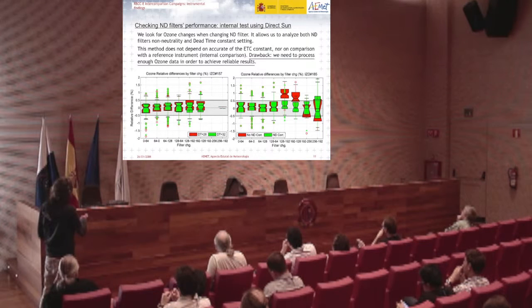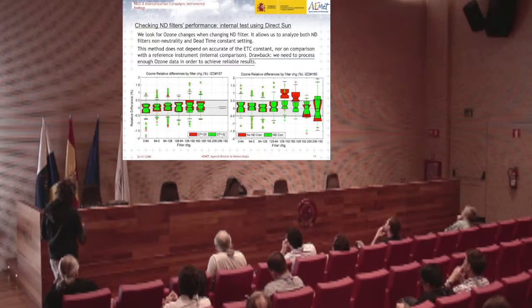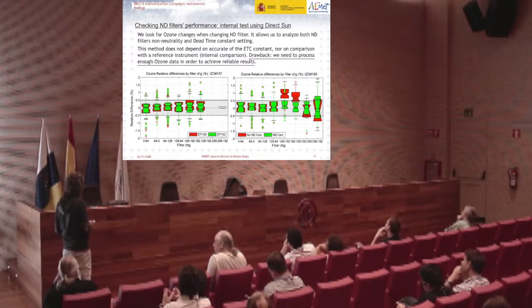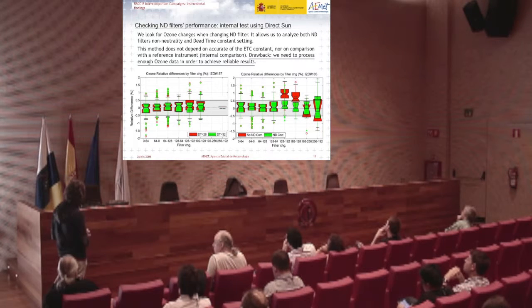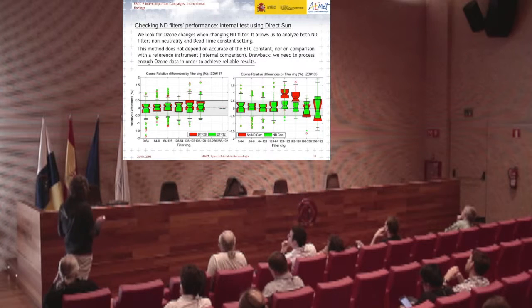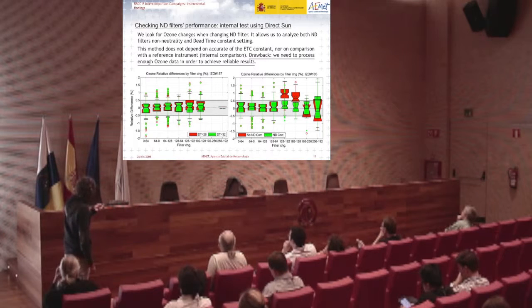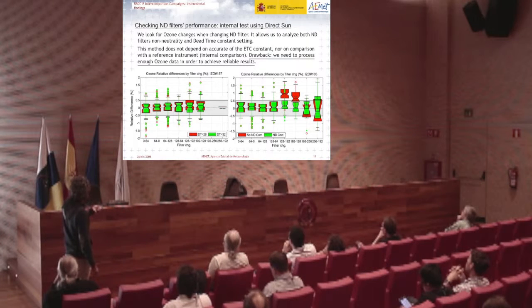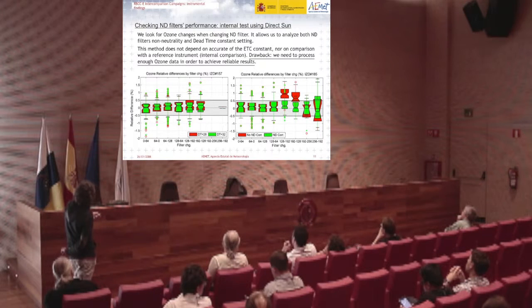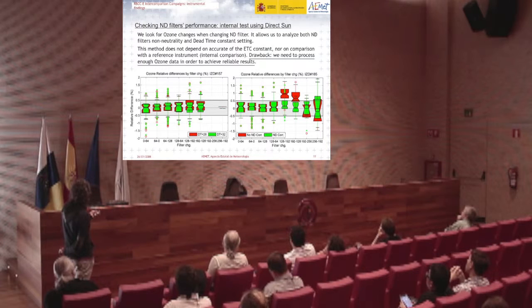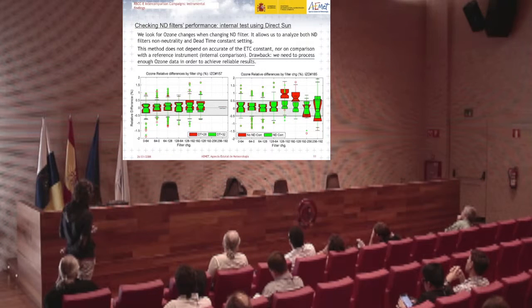And in this other case, I show an instrument we have that has a non-neutral density filter, in this case filter 3. And we see in red, the red box plots are before applying the filter correction, and in green box plots are after applying the filter correction.